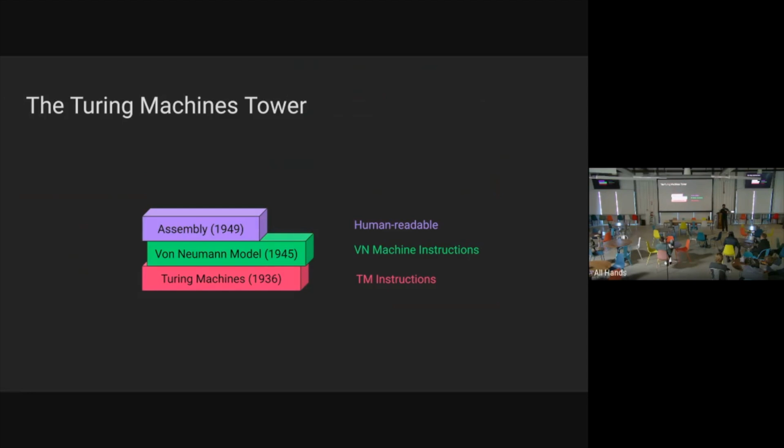Programs were written by hand first in ways that humans could reason about, and then later they were assembled down to the actual programming of the computer, like programming the instructions into the computer. So what we've done is create a higher level construct called assembly that humans are able to reason about more easily, which maps down to the von Neumann model in terms of actually programming the computer.